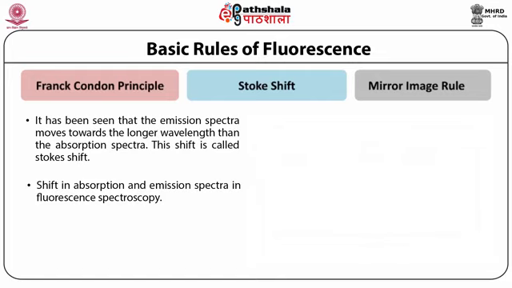The total loss of energy observed during the emission process is a combined loss of energy of electron in the excited state before emission and in the ground state after emission.